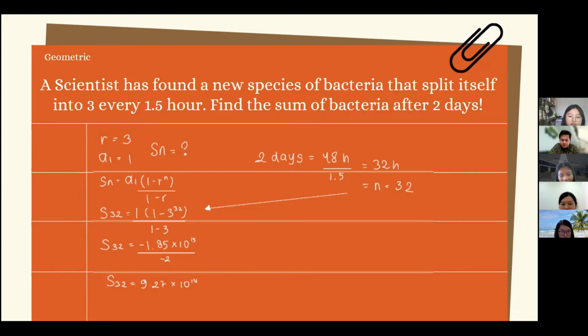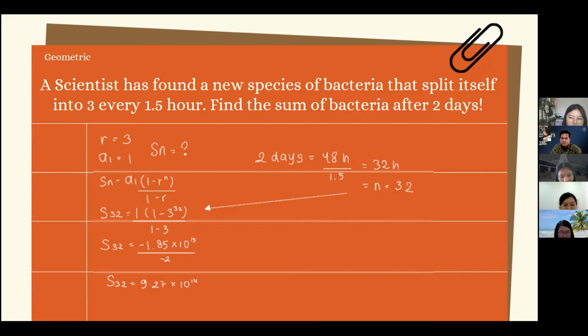So N is 32. Let's put it into the formula: Sn equals A1 multiplied by 1 minus R to the power of N over 1 minus R. Putting the numbers in, S32 equals 1 times 1 minus 3 to the power of 32 over 1 minus 3.